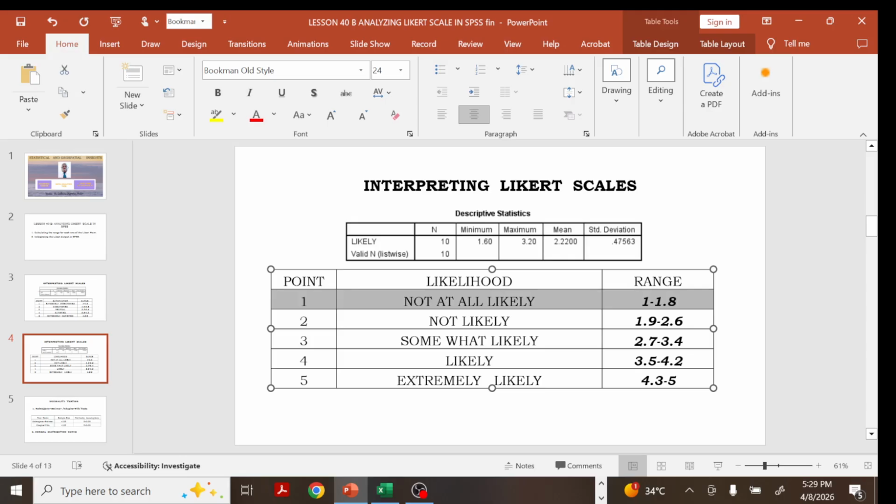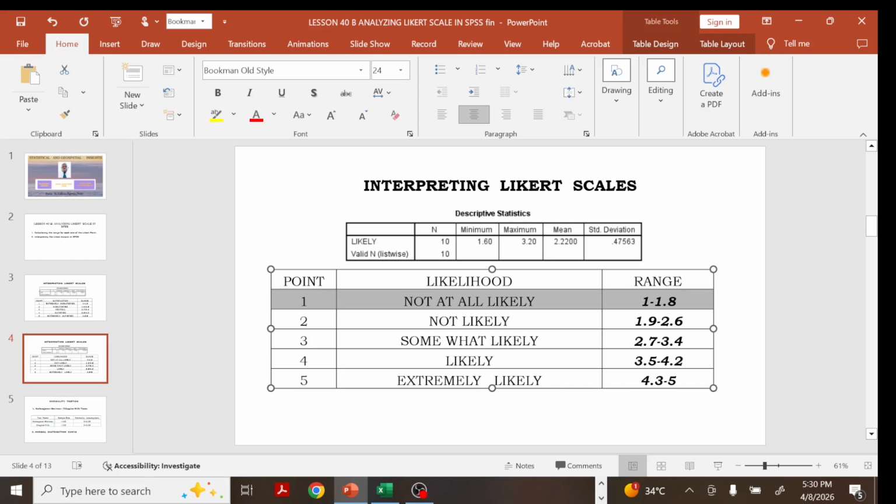So here you can say the minimum number of the respondents express an opinion of not at all likely to recommend the products to others. So these are the minimum number of people who fall within this category.